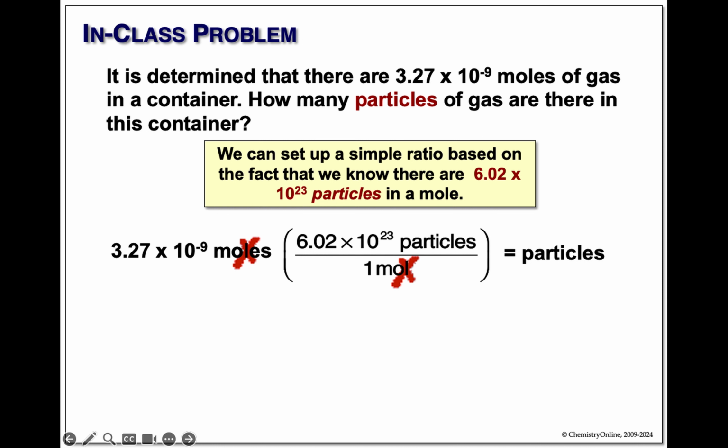They all cancel. 3 times 10 to the minus 9 times 6 times 10 to the 23rd. We're left with 1.97 times 10 to the 15. Even though we have a nanomole, 3 nanomoles here, we're still talking 10 to the 15 particles. It's amazing.